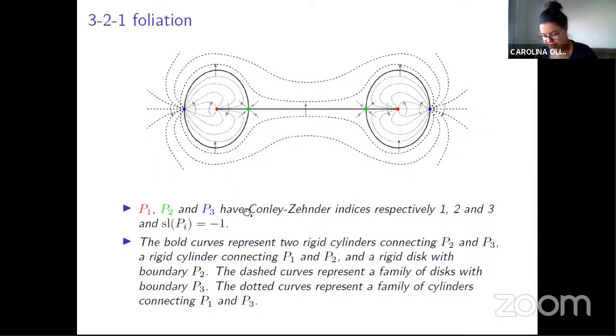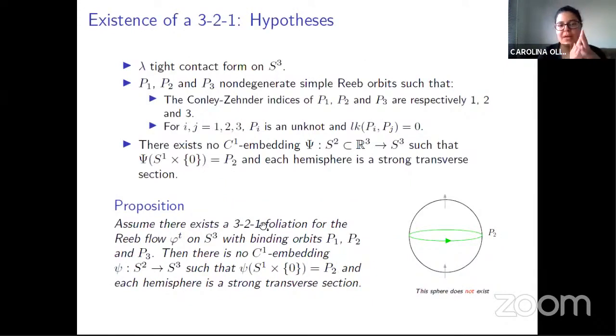Okay. So I will present some results giving conditions for the existence of these 3-to-1 foliations. Let me explain the hypotheses we'll consider. We fix a tight contact form on S3, and we assume that we have three periodic orbits, which we call P1, P2, and P3.